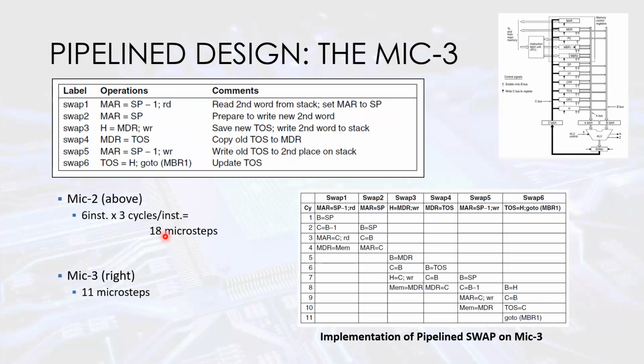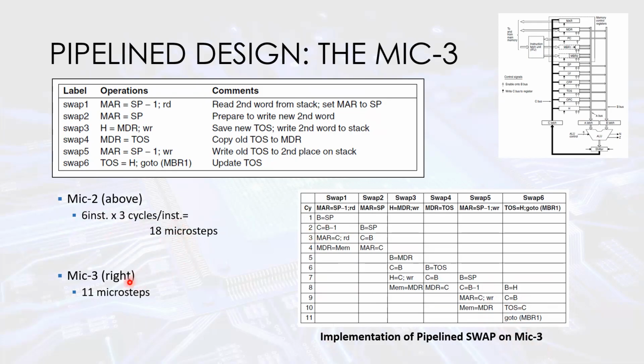And then we broke it down into 3 10-nanosecond pipeline stages. So 3 times 30, 180 nanoseconds, versus down here with the pipeline, where each one is just 10 nanoseconds. You can see we had 11 of them, so 110 nanoseconds, if we wanted to think about it that way.